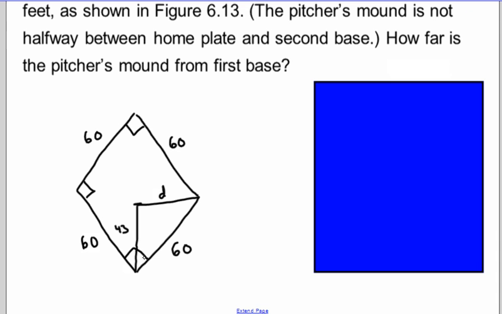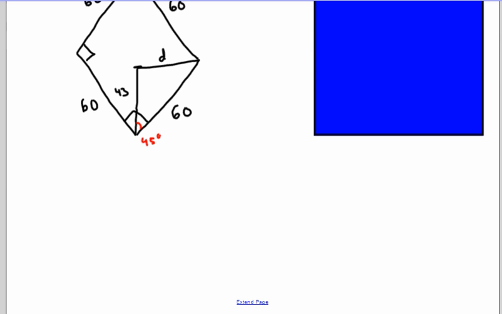That tells me this angle has to be 45 degrees. Same thing with this other one. So now look at this: we've got a side-angle pair. We could go through and find the other sides, but we also know the two sides that the angle is included with. We use the law of cosines to find D.